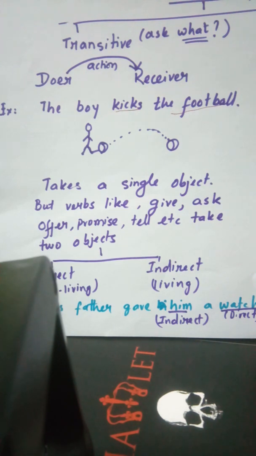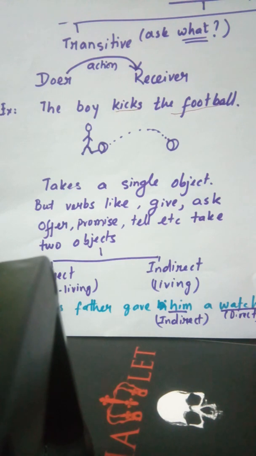If you ask the verb kicks what, we get the answer football. The boy kicks what? The answer is football. So the football is directly getting affected by the action. Hence, this particular verb is known to be used in this sentence transitively.